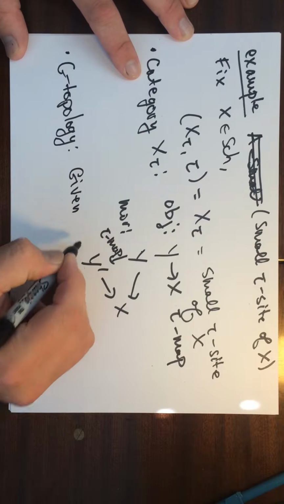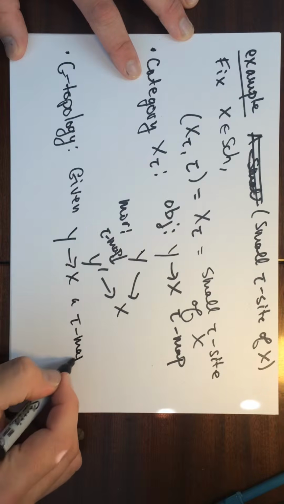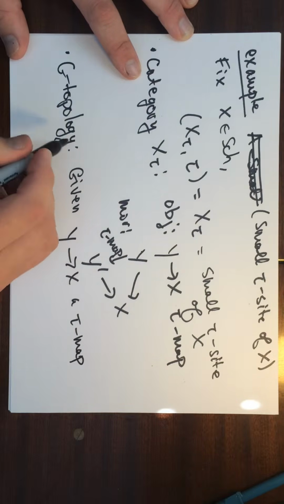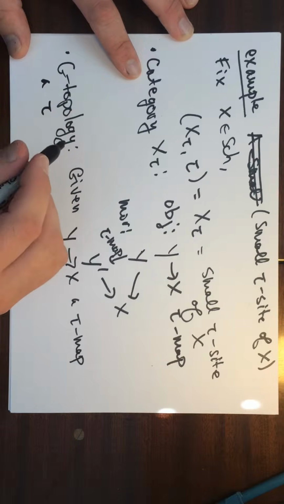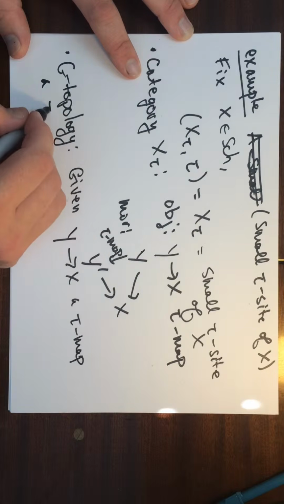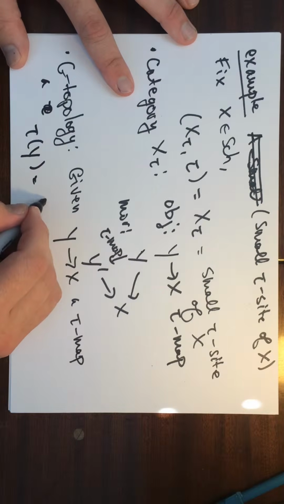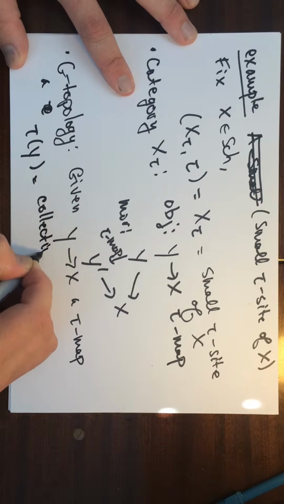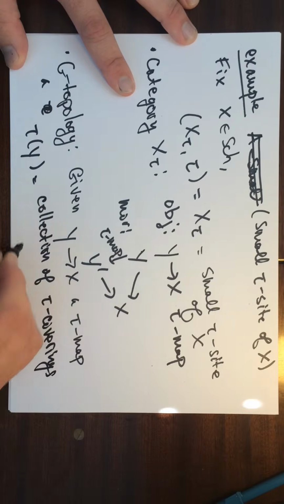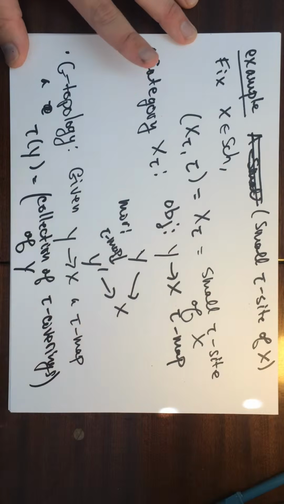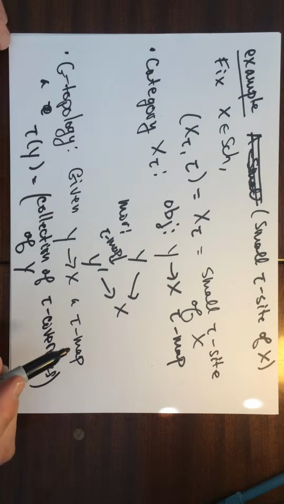So I have to tell you, when we fix an object in the category, a tau map Y, then the tau coverings of Y is the collection of tau coverings of Y. Okay, so if we had a tau map here, then we'd look at all the tau maps to Y, and that would be the tau covering.